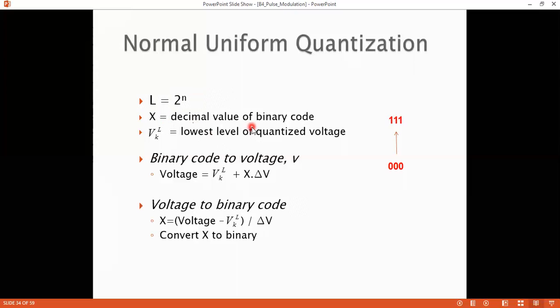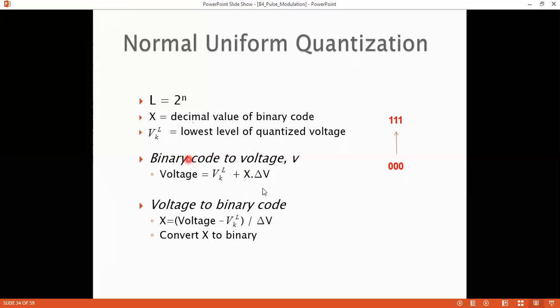So in our formula, x is the decimal value of the binary code, and VKL is the lowest level of our quantized voltage. So when you're given a binary code, and you want to know the quantized voltage for that specific code, okay, you can use this formula. You convert from binary to decimal, and the decimal value for that code is multiplied with our quantization interval, then plus VKL.